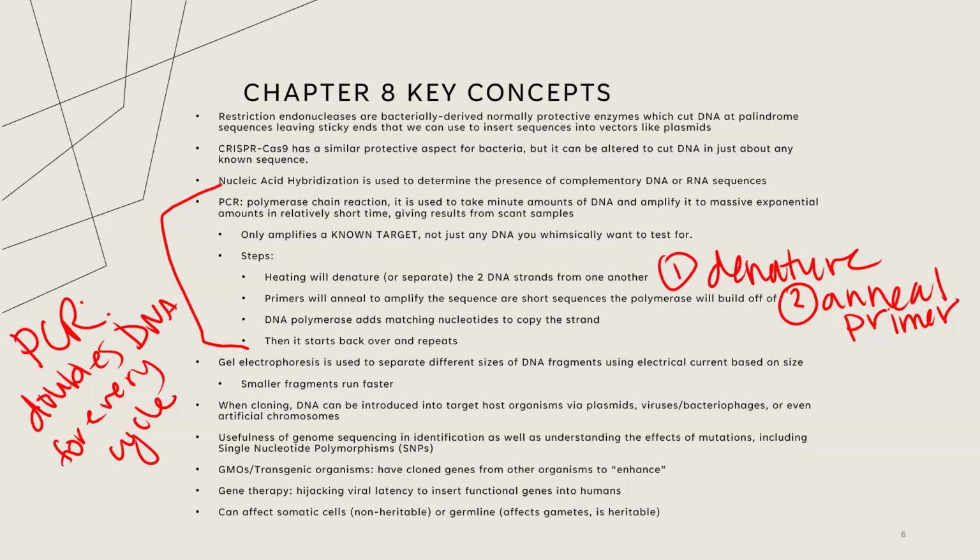So if you don't have COVID and therefore don't have COVID DNA in there, then the primers aren't binding to anything. And therefore we are not building off of them at all. They're just chilling in that solution, no matter how many times you heat it up and cool it. You have to have them match up. So if you were running that cycle and you didn't get any amplification out of it, that person would be negative for whatever you are looking for.